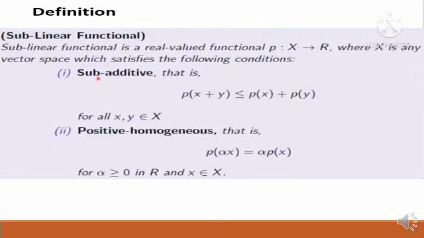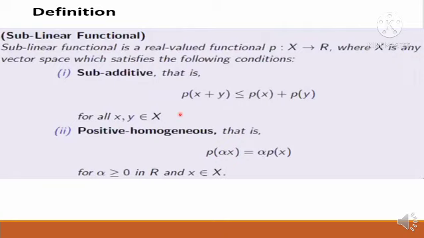First, it is subadditive, that is, p of x plus y is less than or equal to p of x plus p of y for all x, y belonging to X. Second, p is positive homogeneous, that is, p of alpha x is equal to alpha p of x for alpha greater than or equal to 0 in R and x belonging to X.